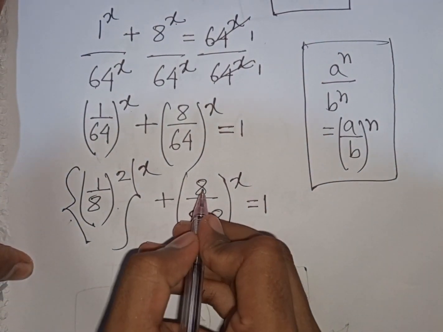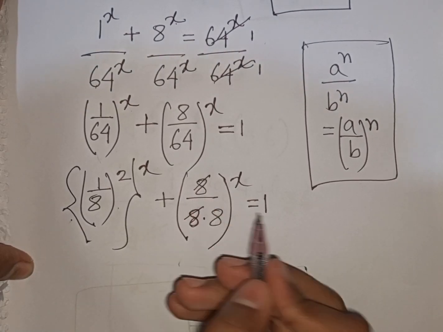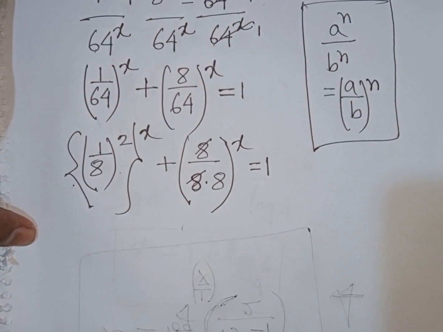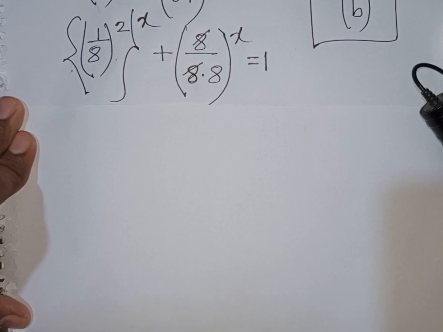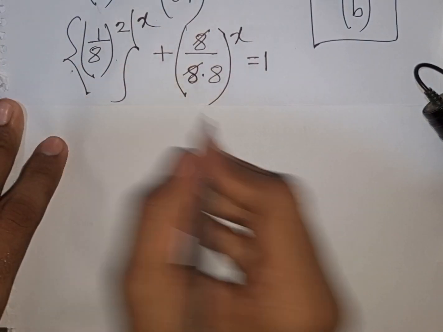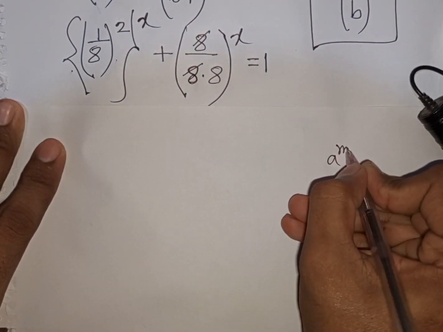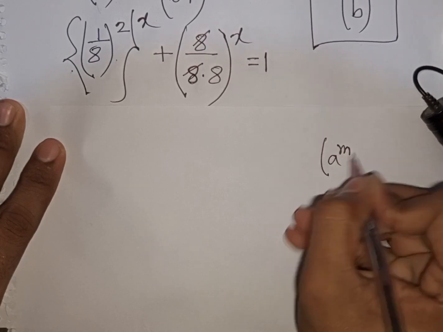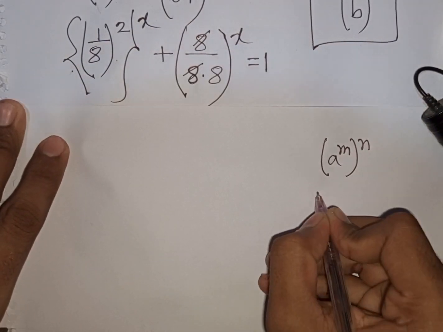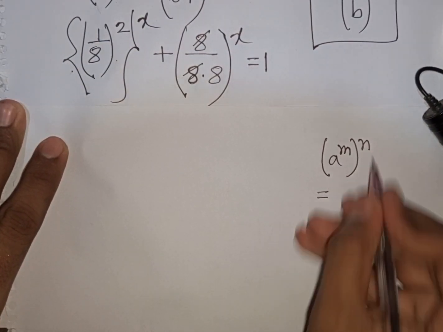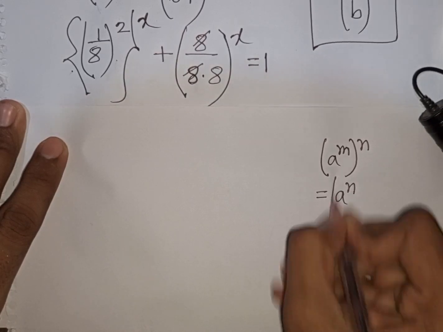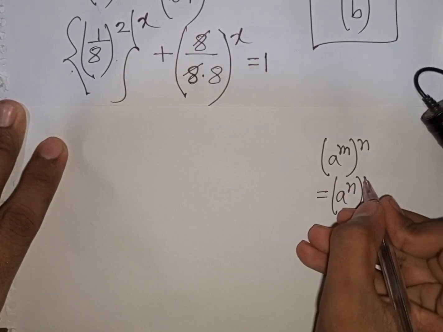Now, we see this 8 will be cancelled. Here we can apply this exponential rule that (a^m)^n is equal to (a^n)^m.